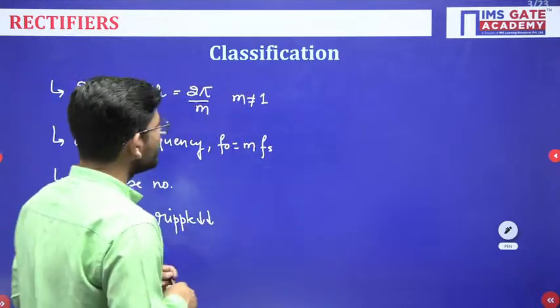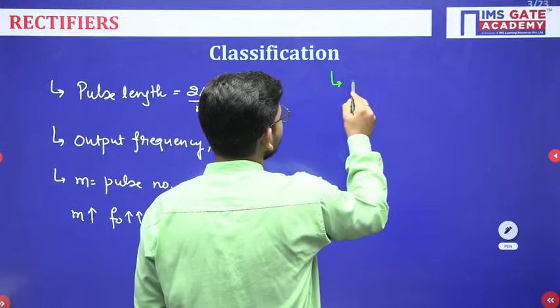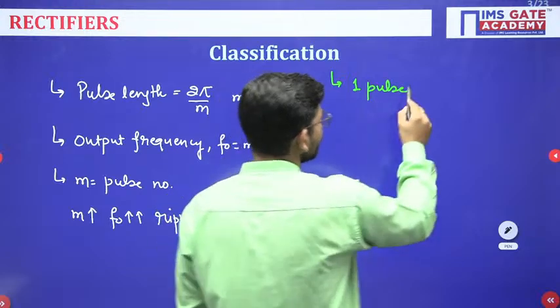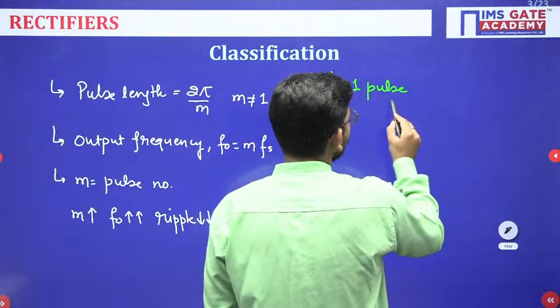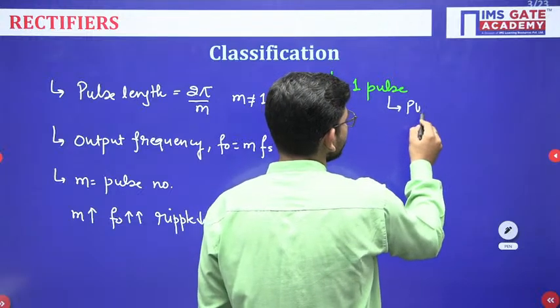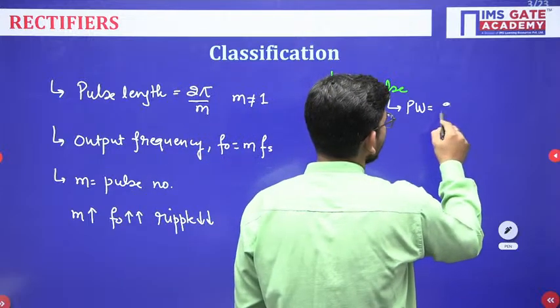So as per these formulas we can divide our converters into single pulse converters. In a single pulse converter, what will be the pulse width? The pulse width will be 2 pi, okay.